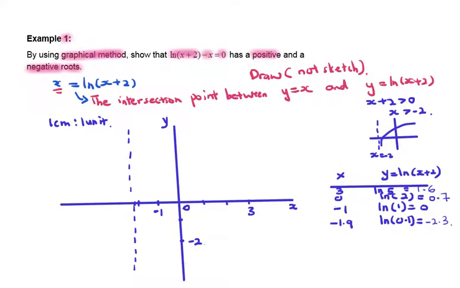Now we can plot these points. I will use the green color. So -1.9, -2.3. Let's say this is -3, -2.3, -1, 0. This is 1, 2, 3. 0 is 0.7, and then 3 is 1.6.